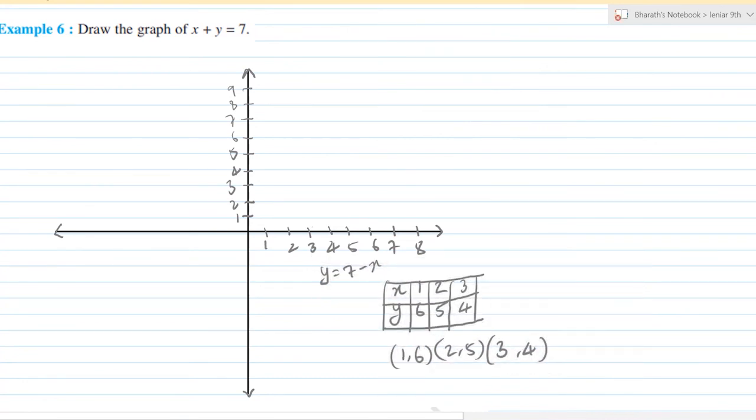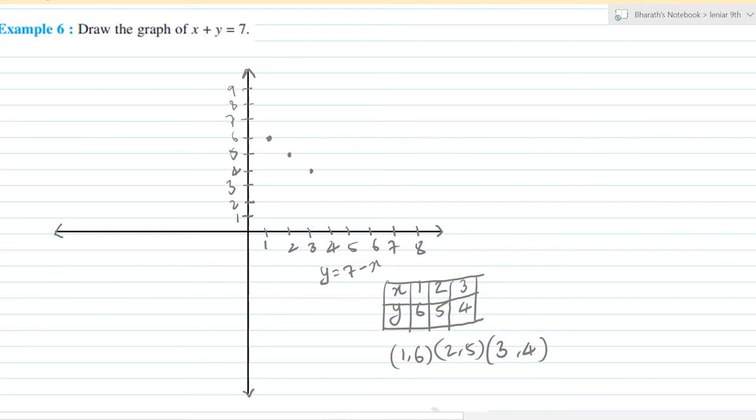Fine. Now x is 1 and y is 6, so it will be here. This is our first point, and 2 comma 5 is our second point, and 3 comma 4 is the third point.